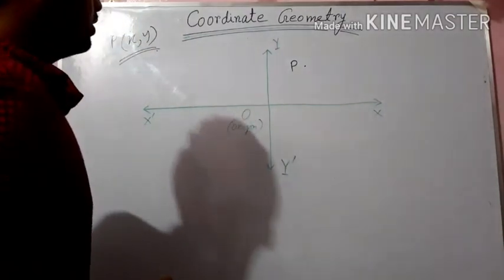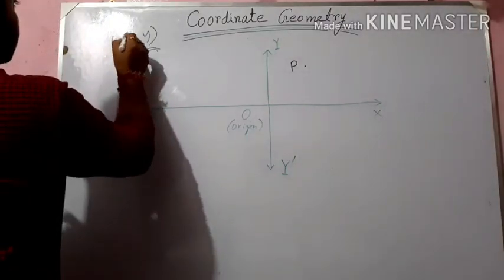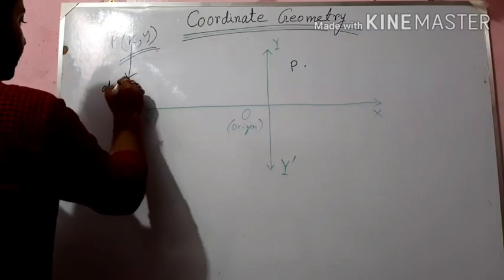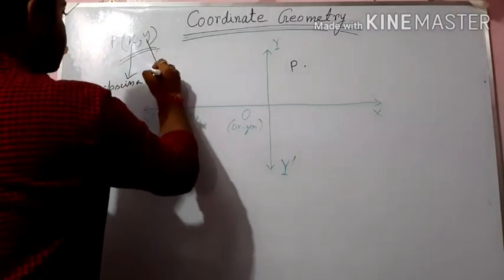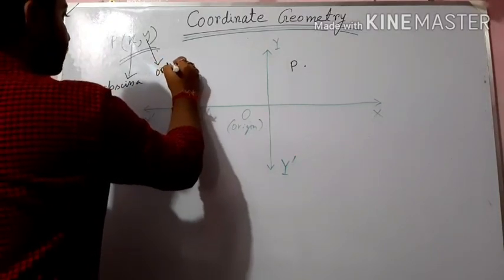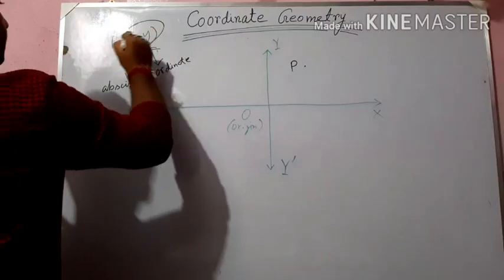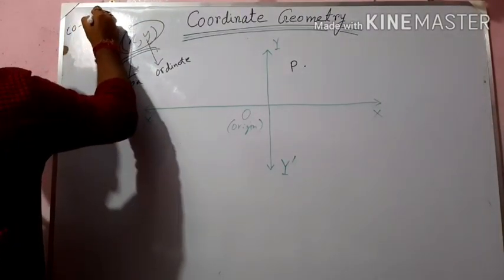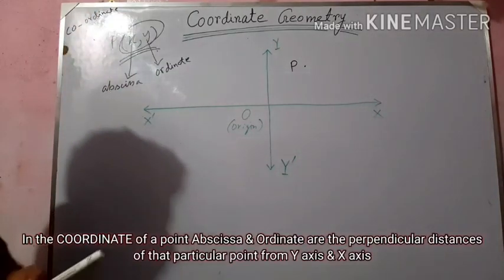Okay, and here the x is known as abscissa and y is known as ordinate, and together we call it as coordinate of the point P. Okay.